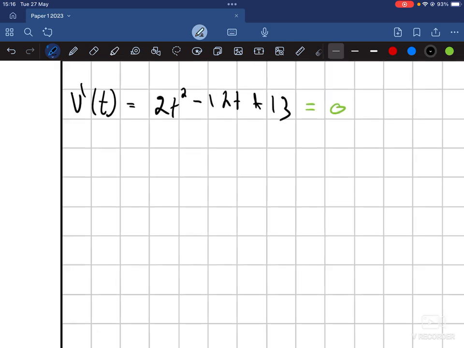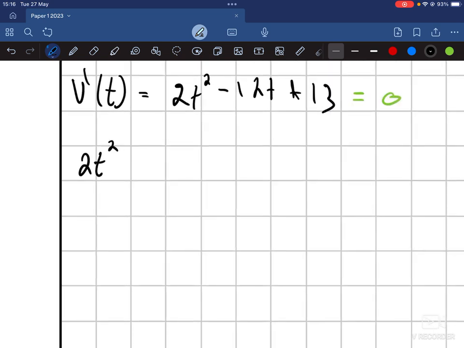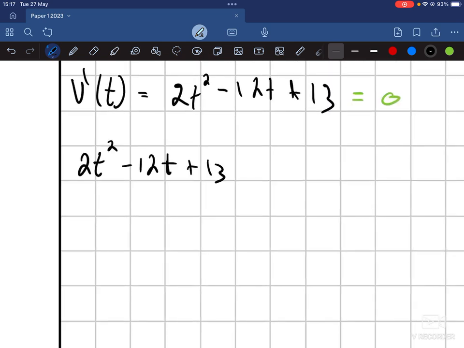So now we have 2t squared minus 12t plus 13 equals 0. To solve this, we just use the quadratic formula. If you put this into your calculator, you'll get 12 squared minus 4 by 2 by 13.